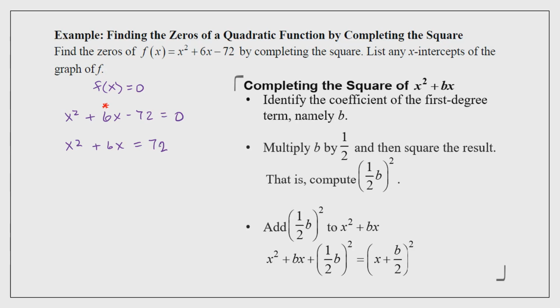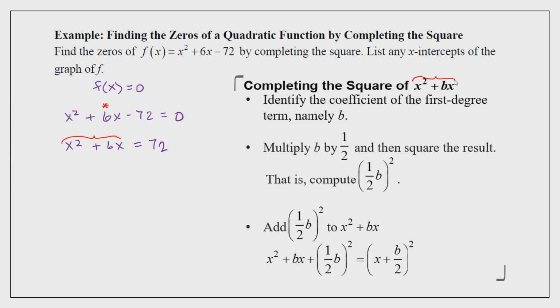This will allow us to complete the square. Notice that this is set up the same way as our directions for completing the square of x squared plus bx. That is key.